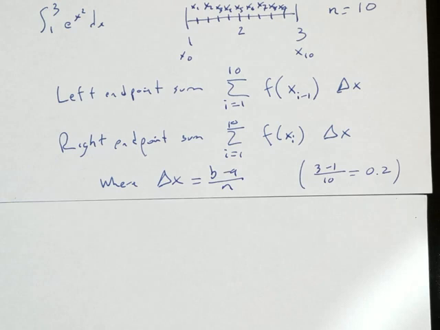In general, we figure out how long the section is from A to B, that's B minus A, and divide it into all those n pieces. Out comes the calculator.